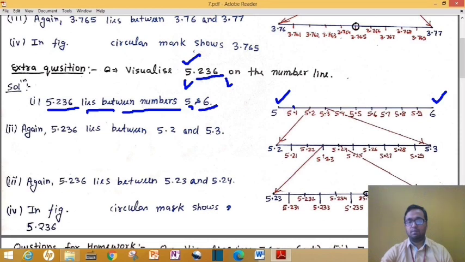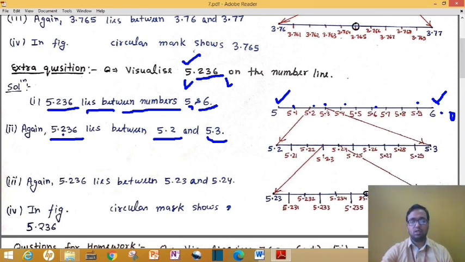Like the first division will be 5.1, then 5.2, then 5.3, and so on up to 5.9 and 6.0, or you can say this is 6. Similarly, 5.236 again lies between 5.2 and 5.3 because it is 236.